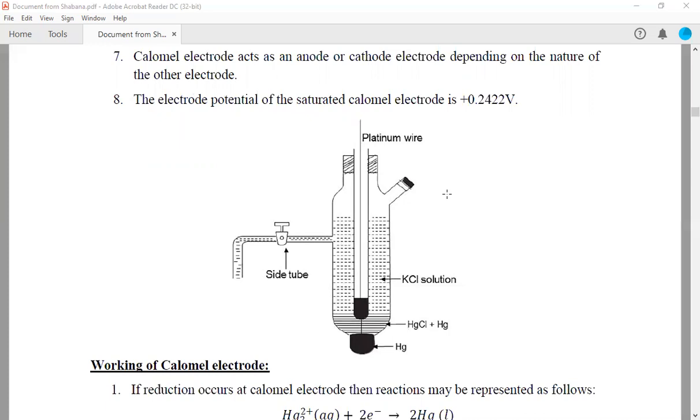The Calomel electrode is only used as a reducing electrode. We have to remember that it is used as a reducing electrode.